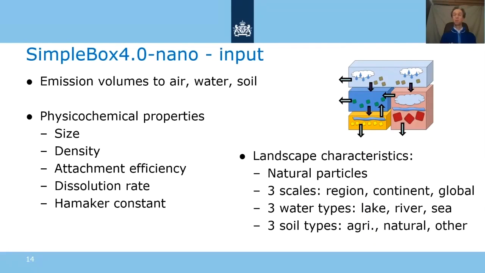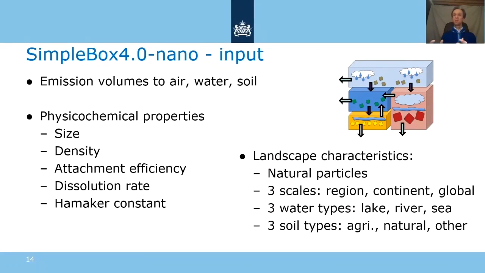The Hamaker constant is related to the interaction between a particle and another particle in water. So, of course, this is done for a certain landscape scenario, right? And this is, for example, the EU with a certain catchment, the Rhine catchment, which is, let's say, the default scenario in SimpleBox. So you don't really need to input a lot of these numbers. There are already defaults given for you.